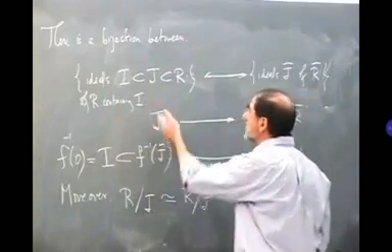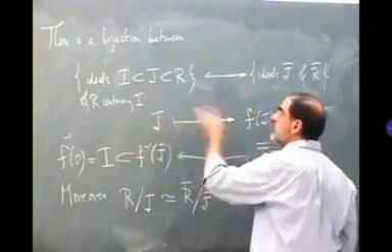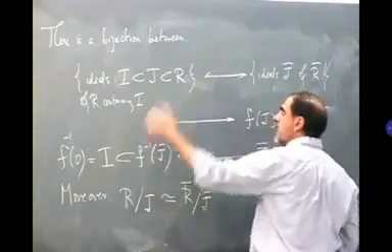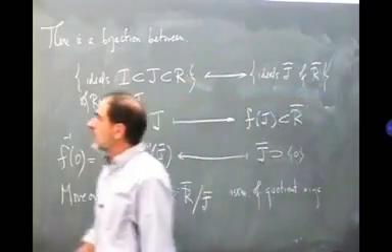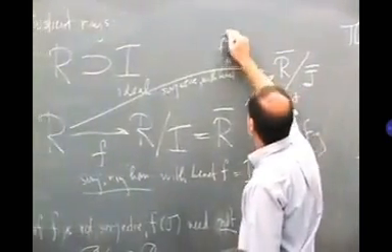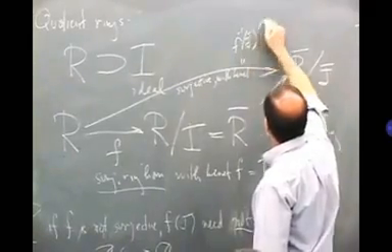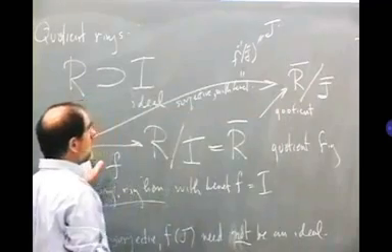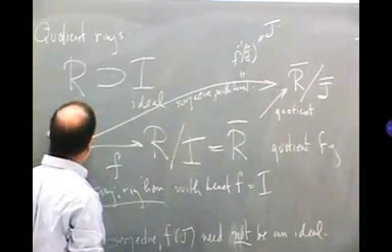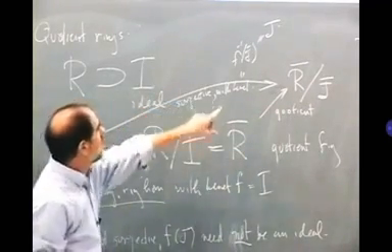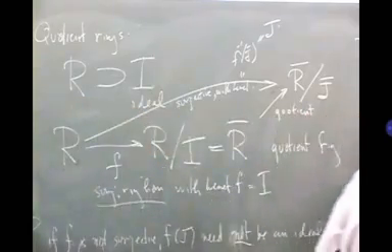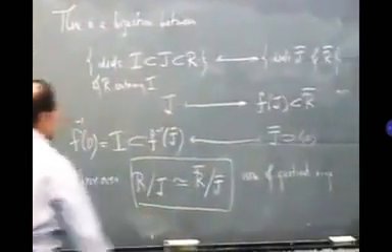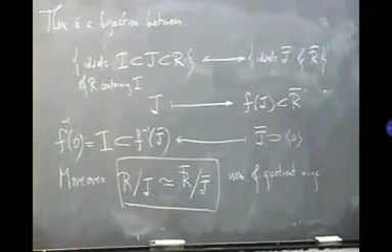So f inverse of J bar turns out to be J. You have to check that if you go around once, you get back to where you started. So this kernel equals f inverse of J bar, which is equal to J. And so, if you have a surjective homomorphism and you know its kernel, it identifies the quotient by the kernel with the image. And that's this. That's the proof of that.